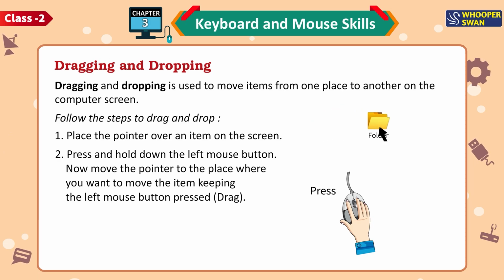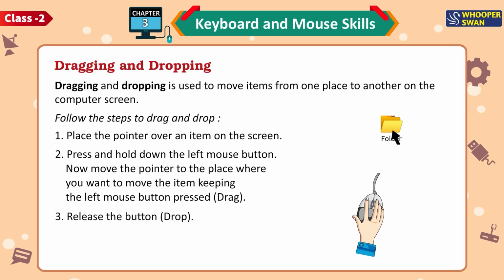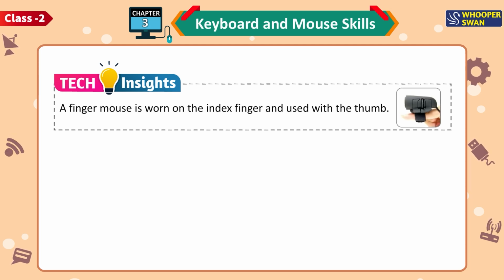Now move the pointer to the place where you want to move the item, keeping the left mouse button pressed. Drag. Step 3. Release the button. Drop. Tech Insights. A finger mouse is worn on the index finger and used with the thumb.